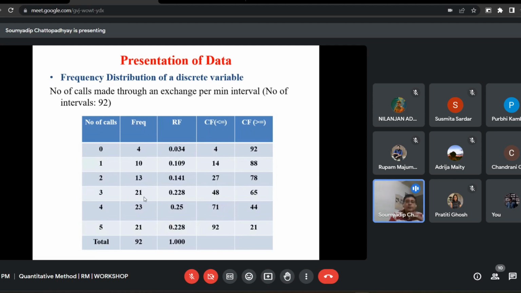Apart from that, here we have also mentioned two other frequencies which you generally observe in a table: the cumulative frequency of less than type, and the cumulative frequency of greater than type.